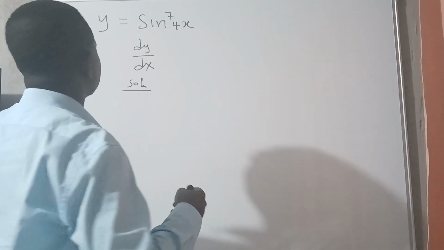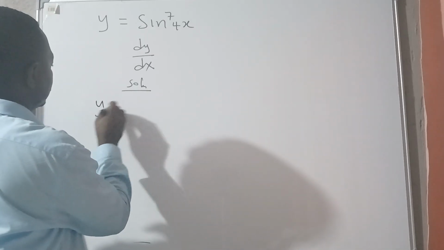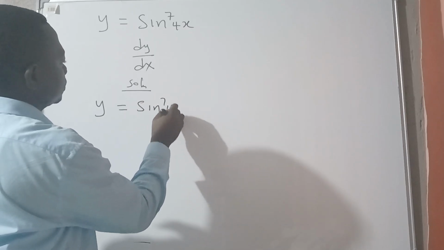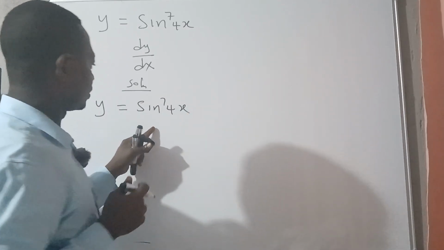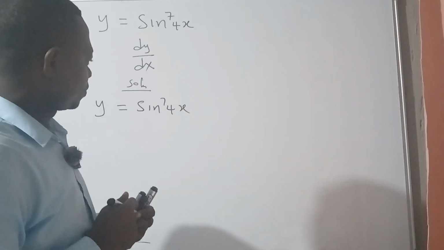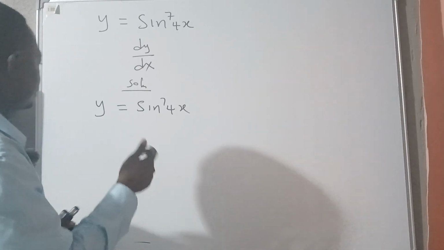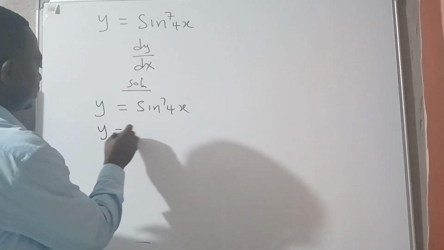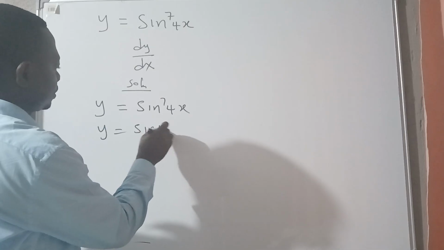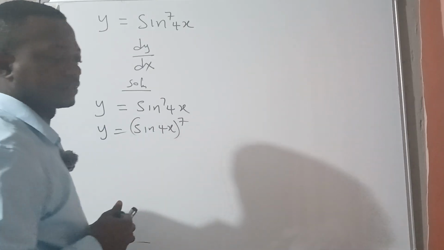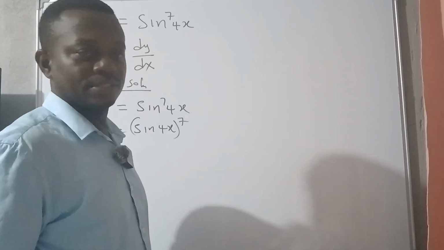So we have y, and we are going to write this one as sine 4x to the power of 7. We are going to do substitution here.